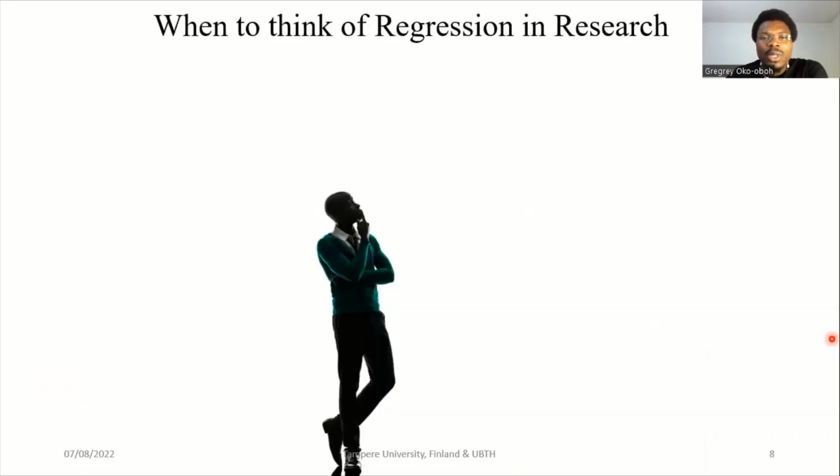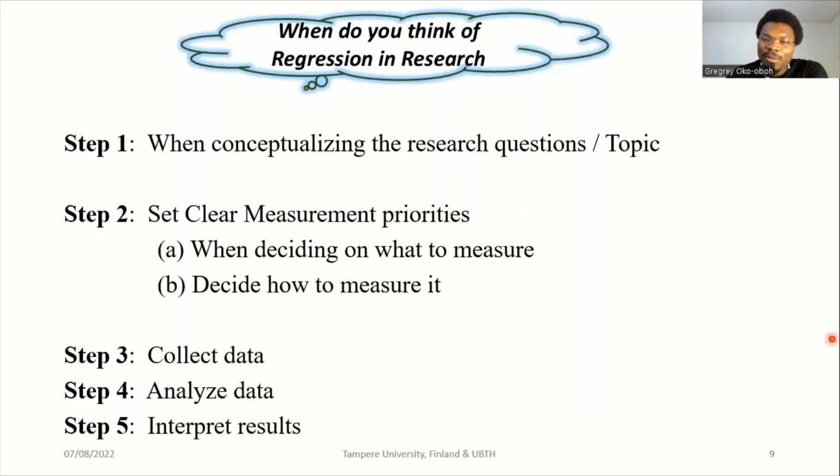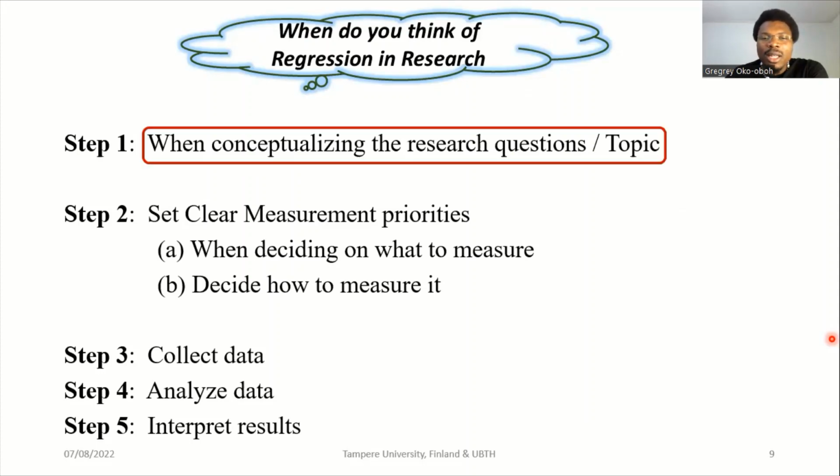So at what point do we think of regression modeling? When exactly should it cross your mind in the research process that you may have to carry out a regression modeling? Well, the answer is simple. If you focus on the steps involved in research, thinking of regression modeling is at the very beginning.